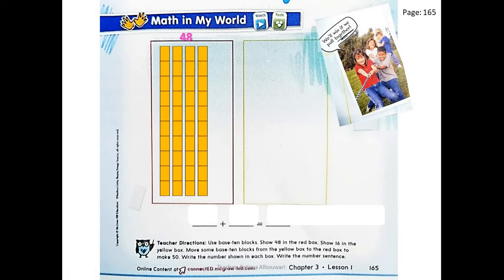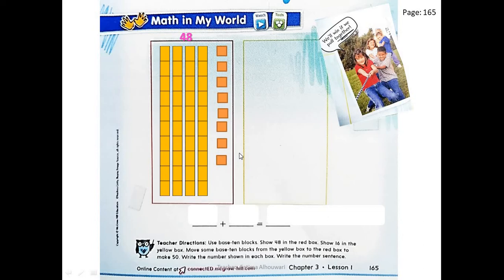And we can represent them like this. Each column represents 1 ten. So we have 4 tens. And how many ones do we have here? Again, the value of ones digit is 8. So we have 8 ones and we can represent them like this. 4 tens and 8 ones.